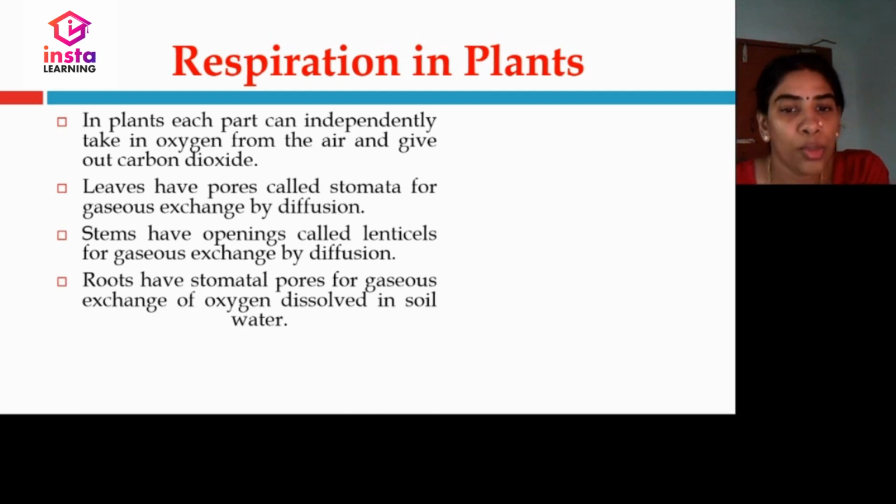Roots have pores for gaseous exchange of oxygen dissolved in soil water. So in plants, leaves, stems and roots all have pores or openings which help in gaseous exchange by diffusion.